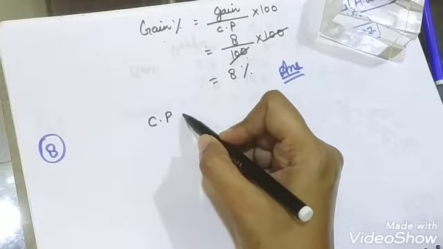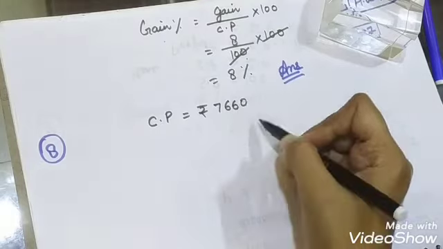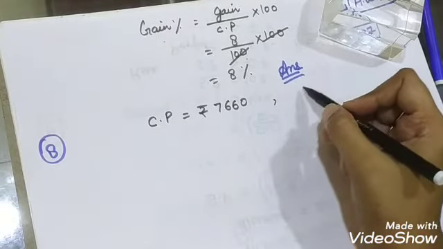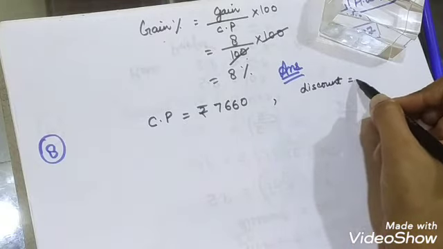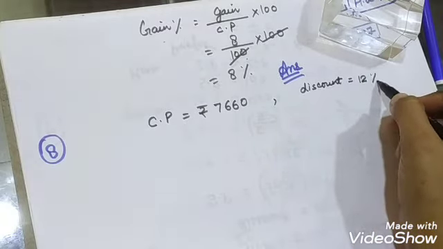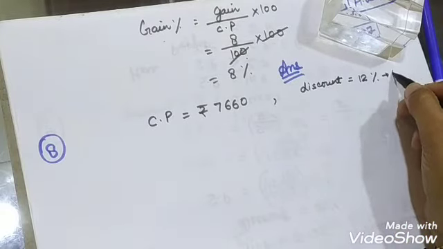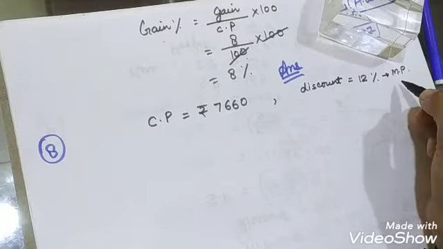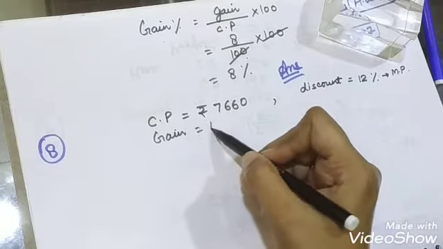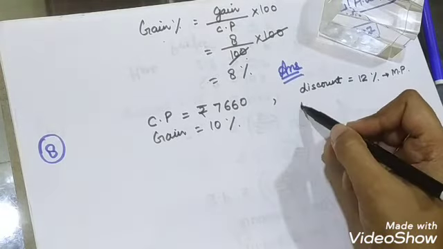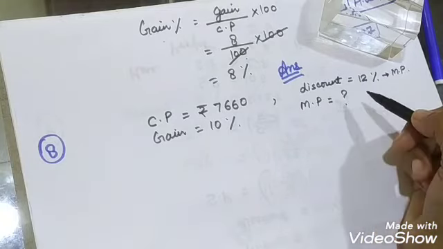The cost price of the washing machine is given as rupees 7,660, and then it is given that he gives the discount on it as 12%. Discount is always given on marked price, so discount is given on marked price, and while doing so he has a gain of 10%, and they are asked to find the marked price.